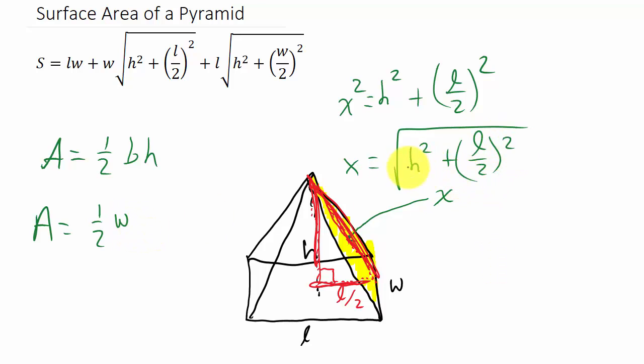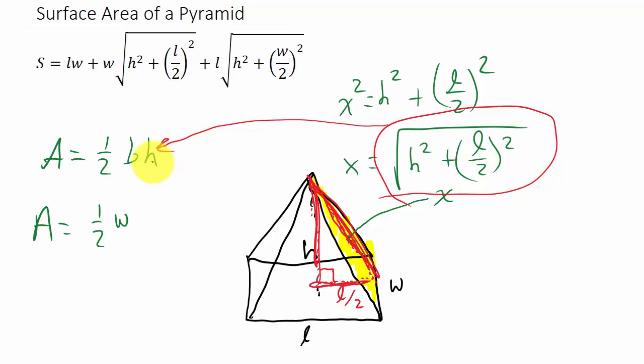If we take this, which is the height of this triangle, and plug it in, now this h is different than this h. This h is representing this right here. So that gives us the square root of h squared plus l over 2 squared. That's the height used for the area of this face of the triangle.